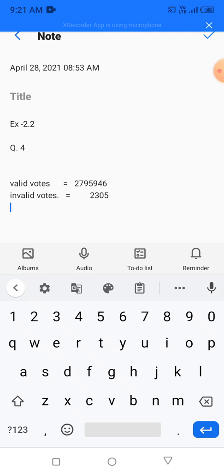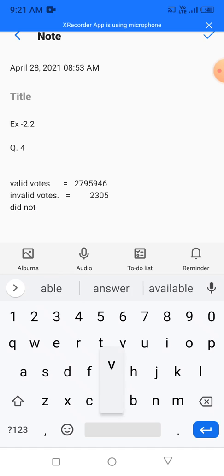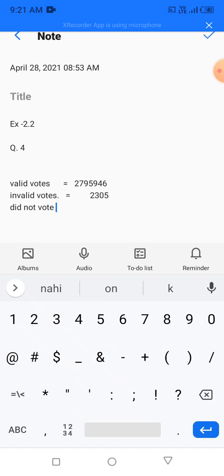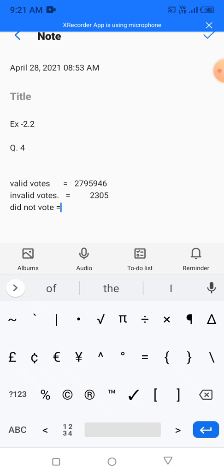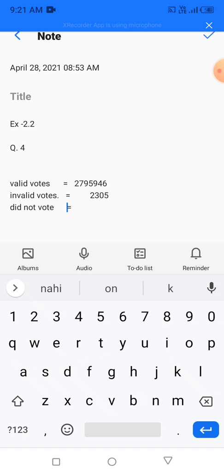Then you have did not vote. So again you will put, then there is how much? How many people did not vote? It is 305. Okay, so 305.